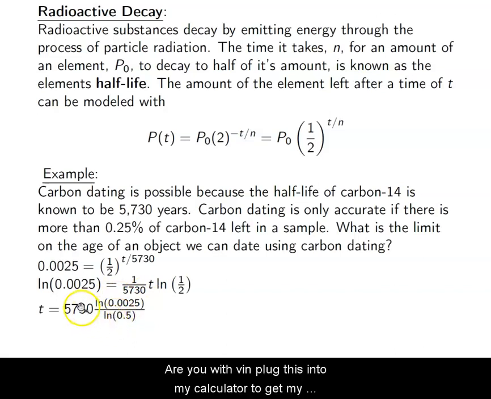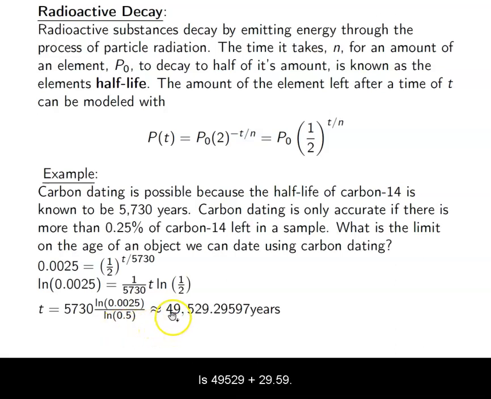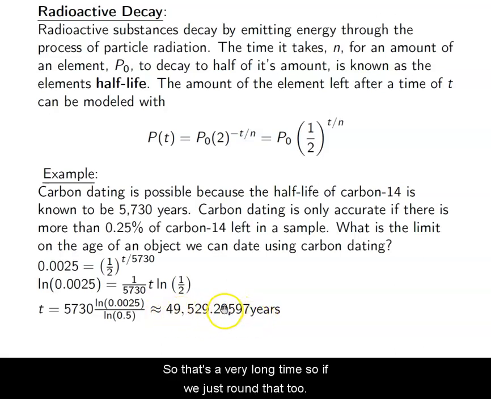I would then plug this into my calculator to get my decimal approximation, because if I rounded along the way, very likely I'd get some rounding errors. So the exact value is this. The decimal approximation is 49,529.597 years, so almost a third of a year more than this.